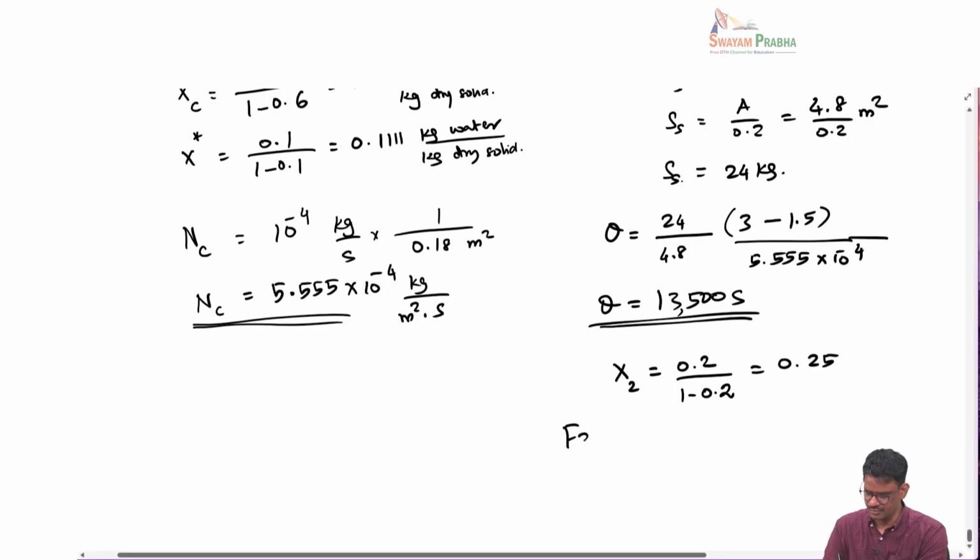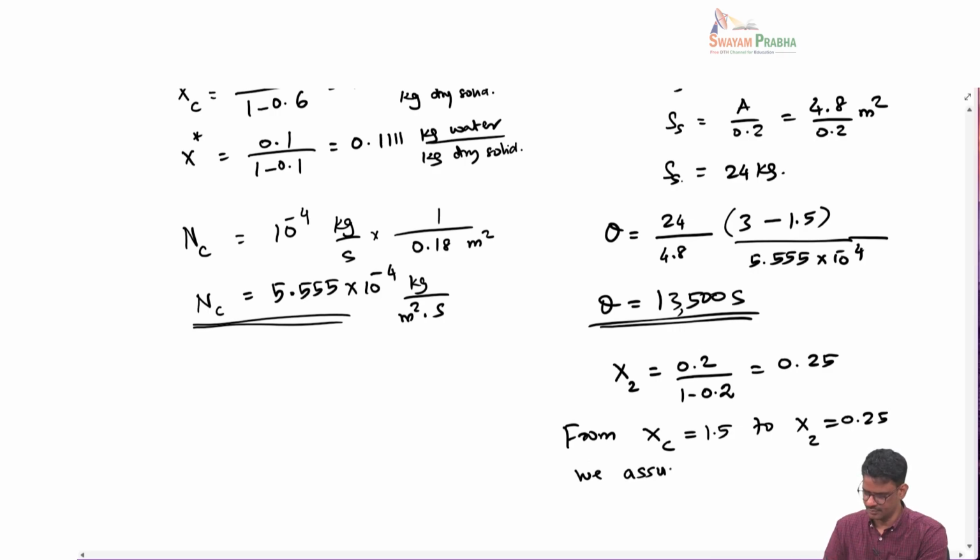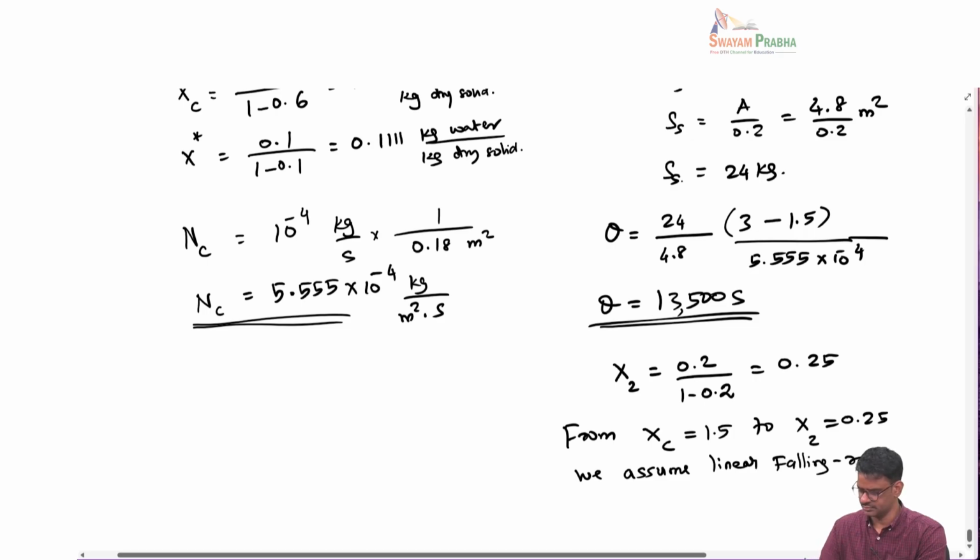From XC, which is 1.5, to X2, which is 0.25, we will assume a linear falling rate, because this is the only thing we can do, because we don't have any information about the falling rate period. So we will use this as an assumption here.